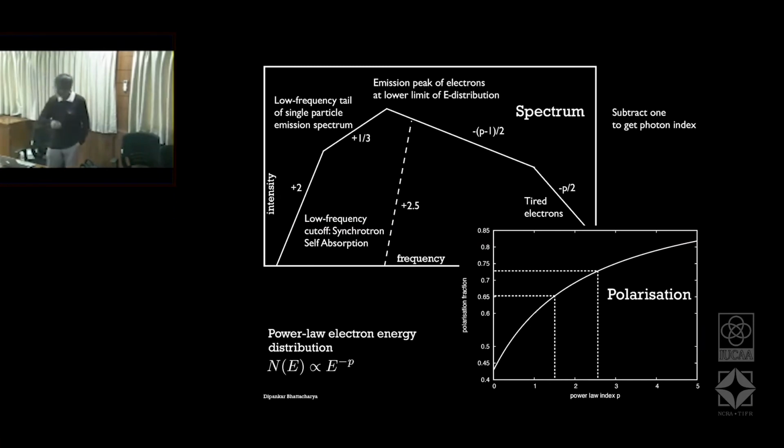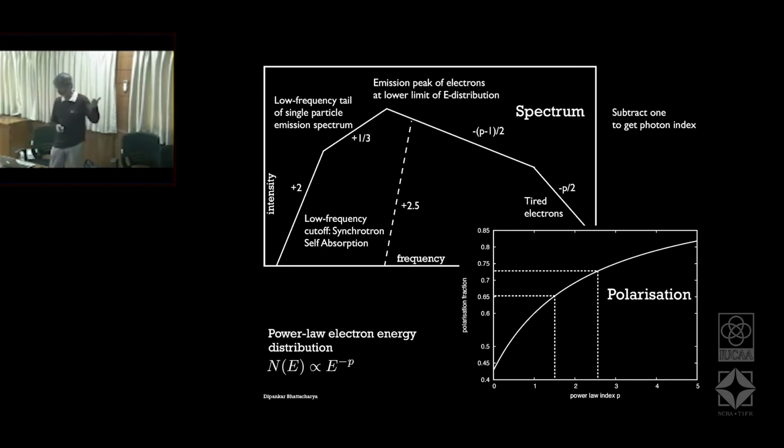Usually you will do the reverse. If you find a synchrotron self-absorption frequency, then you say, okay, that now gives me the size. Because a priori it is difficult to decide what is the size of the observing region. But if you do see this, then you can determine based on other parameters here.